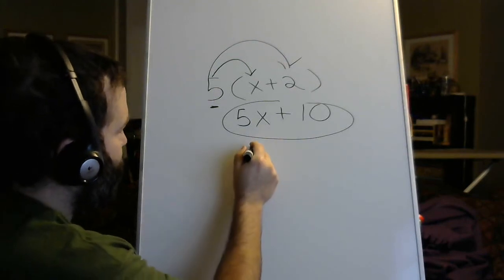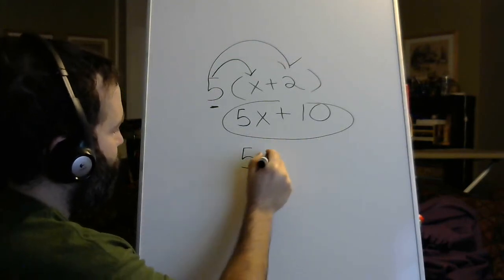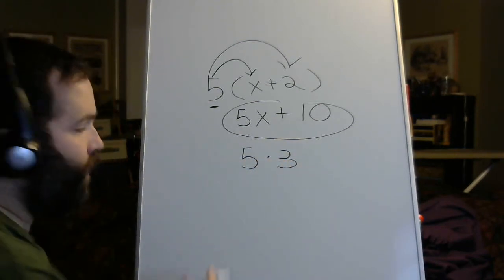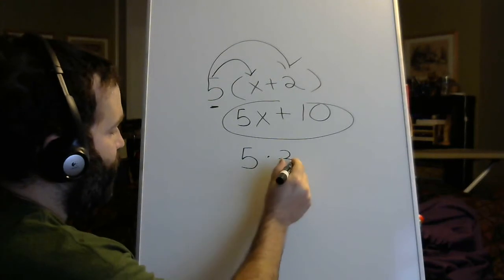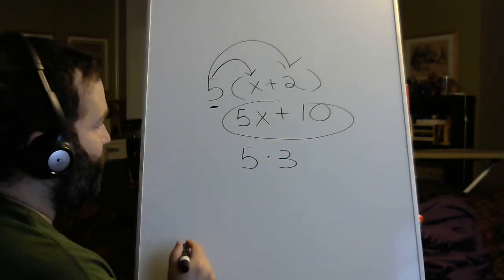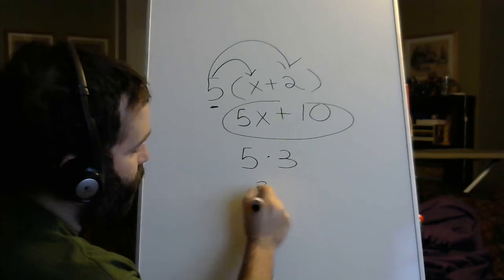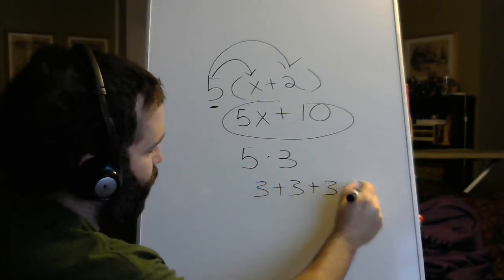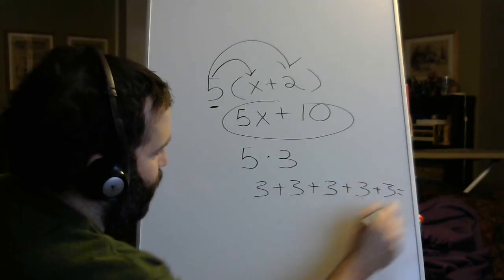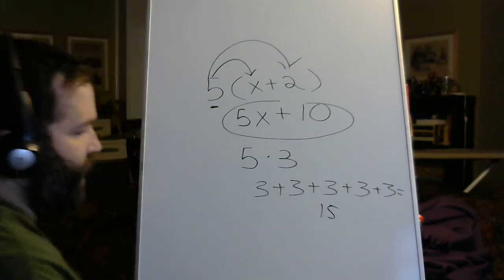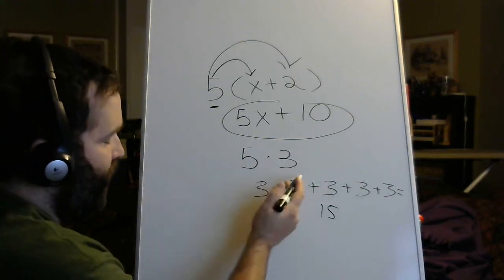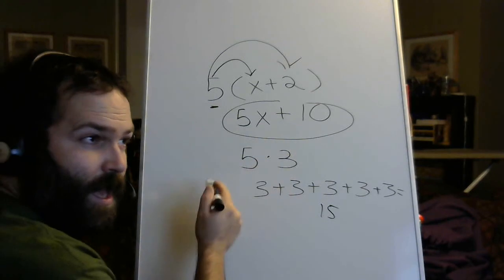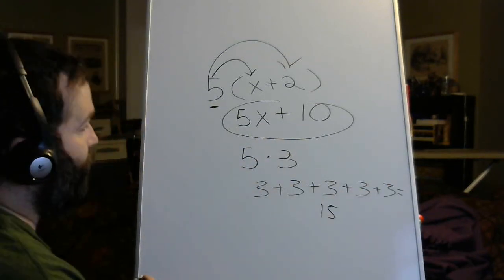If I have 5 times 3, in arithmetic, you simply learn that 5 times 3 is 3 added to itself 5 times. So that's going to be 3 plus 3 plus 3 plus 3 plus 3. And of course that's going to equal 15. So again, in arithmetic you simply learn that multiplication is repeated addition. 5 times 3 is 3 added to itself 5 times.